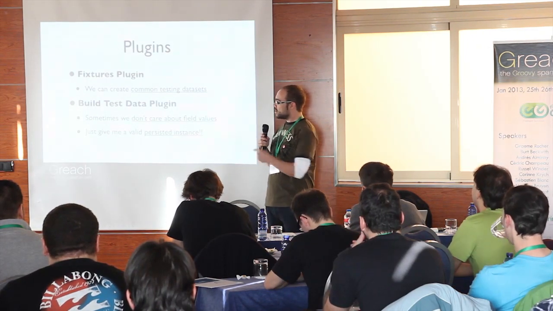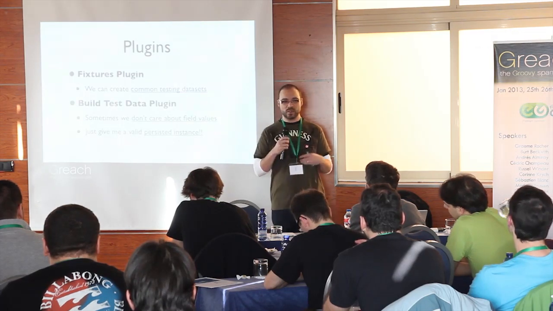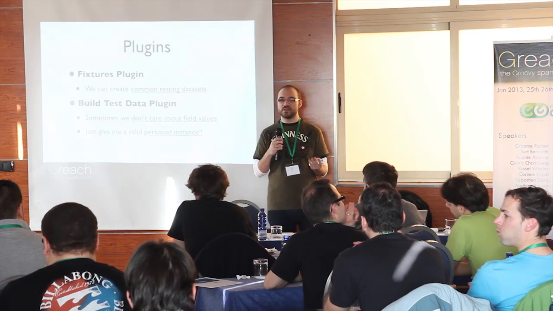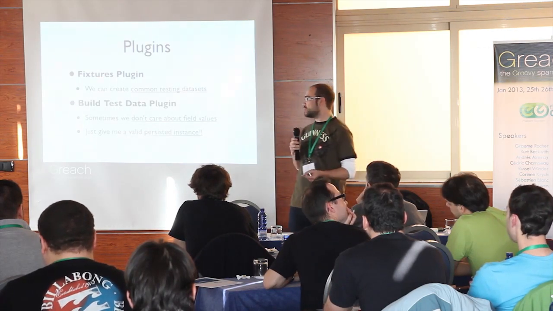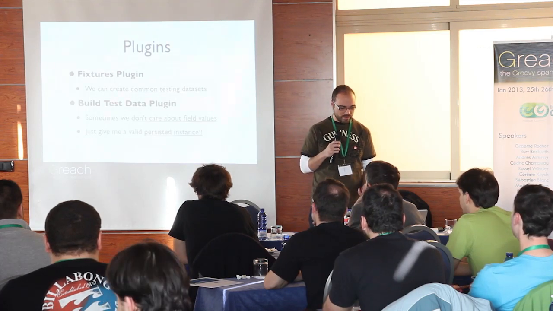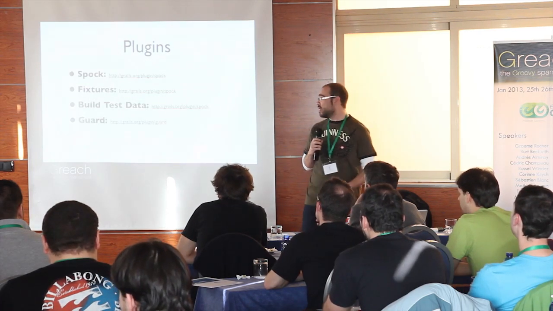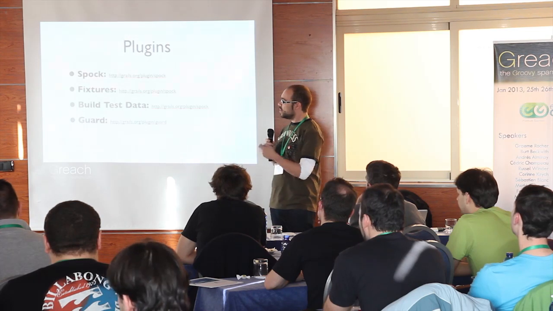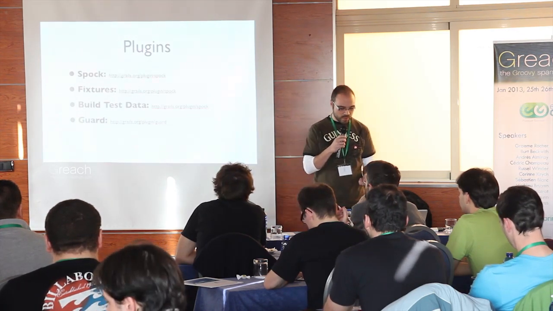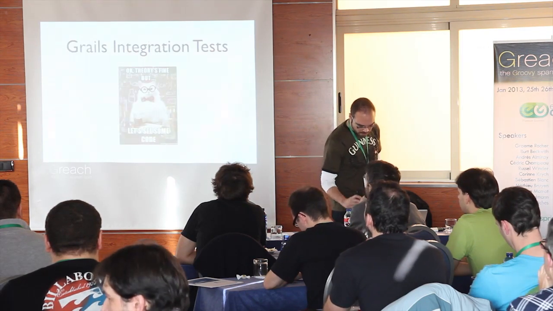The latter one, the build test data plugin, is for when you don't really care about what the values of the object are. It's just give me a valid persistent instance and that's it. I don't care what the values are. So there you have the URLs of all the plugins, and I'm going to show you some code about this.